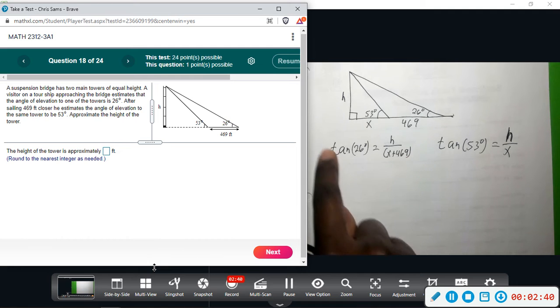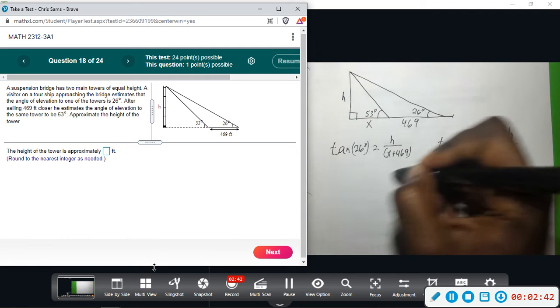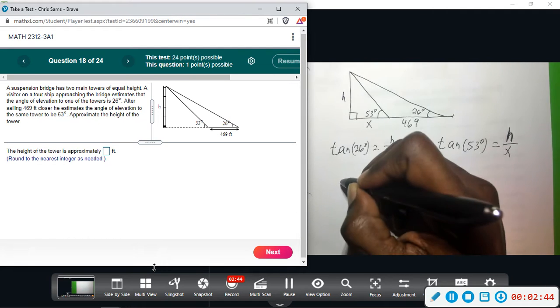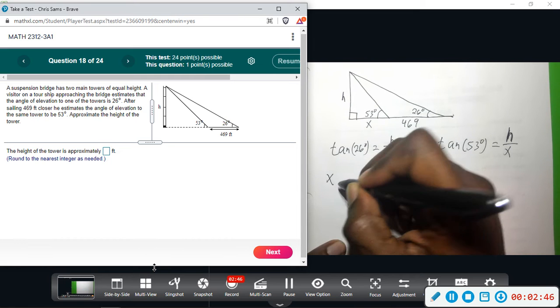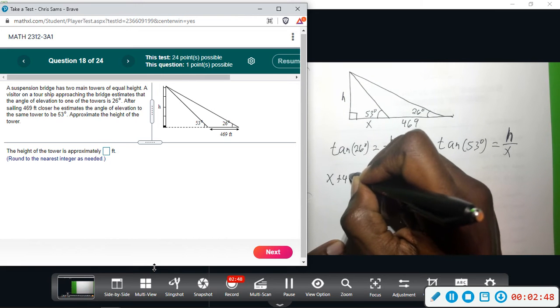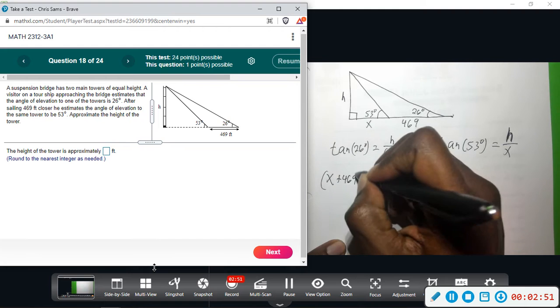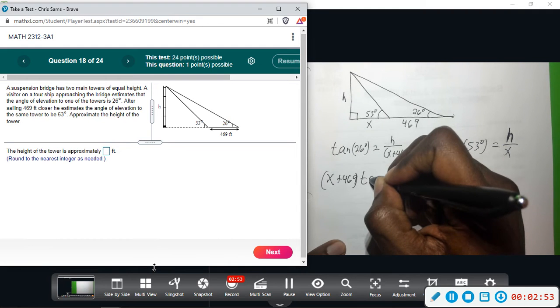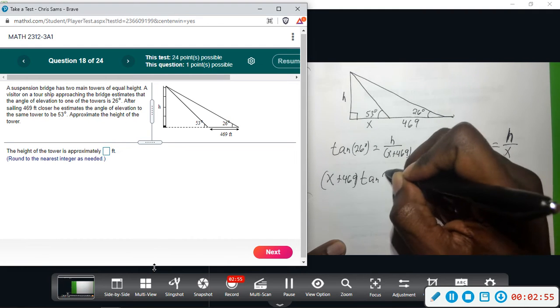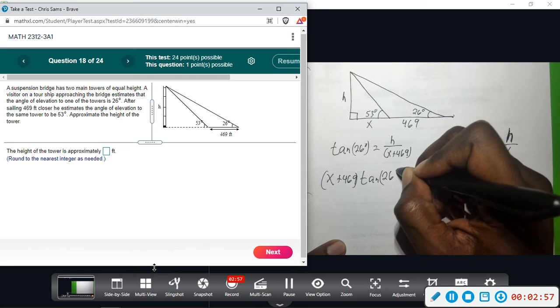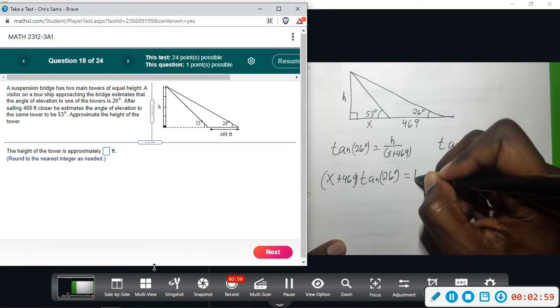So I'm going to multiply by x plus 469 to give me x plus 469 feet times tan of 26. Might be easier just to solve for h.